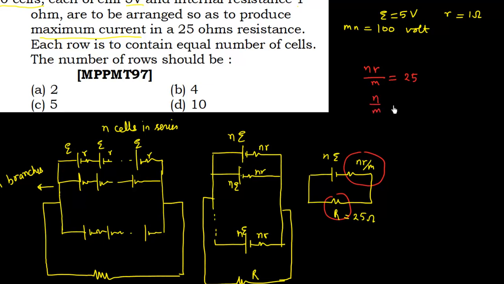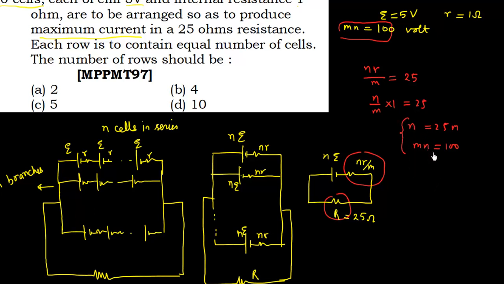So n by m into 1 ohm equal to 25, so n equal to 25m, and we have mn equal to 100. So how to solve this? We have these two equations.